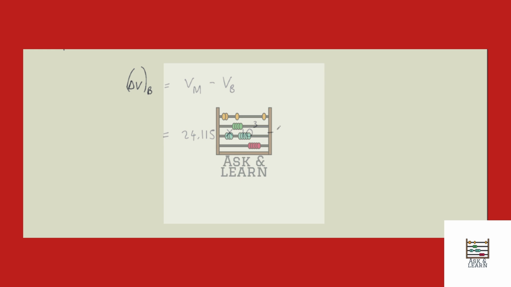Remember, these are in the same units. Minus 21.473 times 10 to the power 3. Hence we get delta VB to be 2.643 times 10 to the 3 meters per second. So this is actually 2.64 kilometers per second.